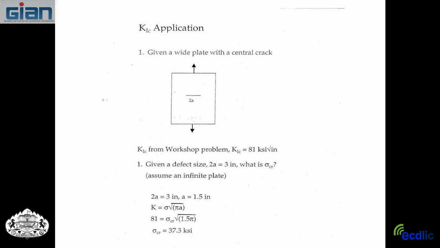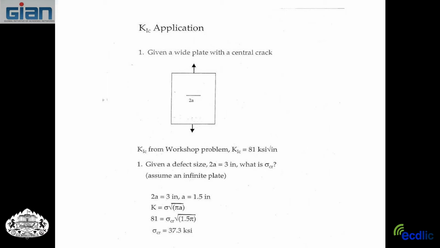So given a wide plate with a central crack, by a wide plate we mean that it is a Griffith geometry and has infinite width, almost infinite width. I'm going to use K1C from that one problem we did, I guess it was Tuesday maybe, and got 81 ksi root inch.